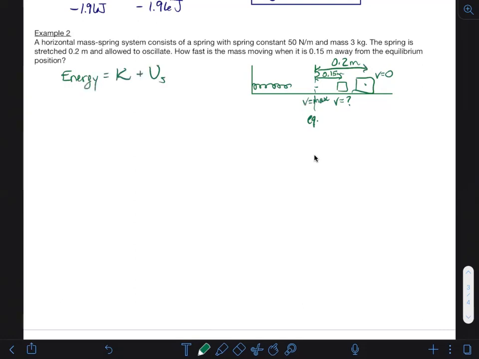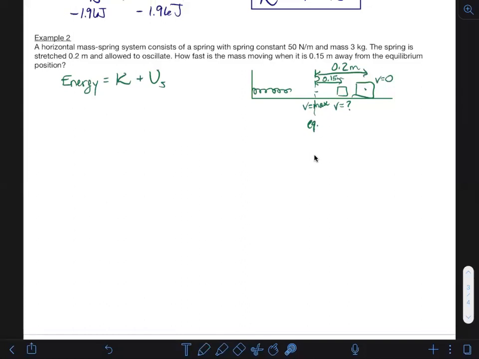Now, in the previous problem, we knew what that total energy was. The problem told us it was 9 joules, and they do not tell us this in this problem. However, we do know that at this extreme, where our spring is stretched that maximum 0.2 meters, our energy completely just consists of potential energy, right?